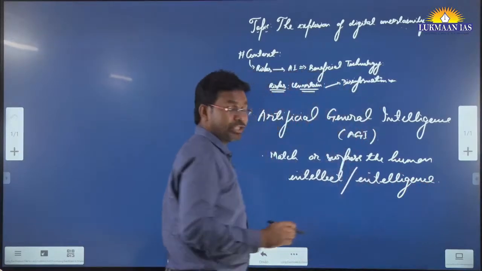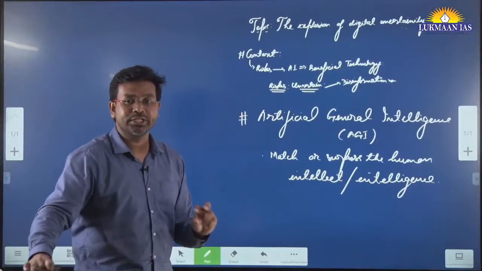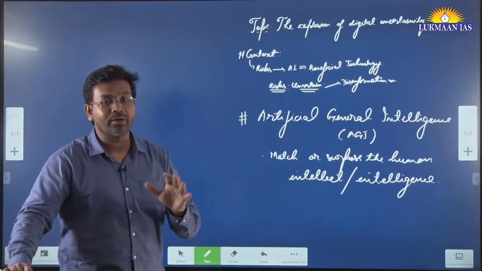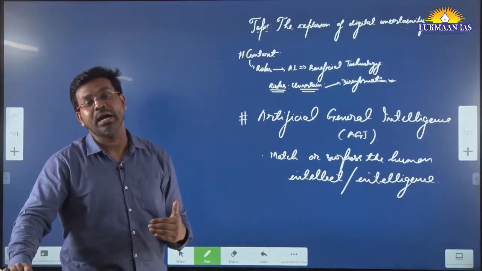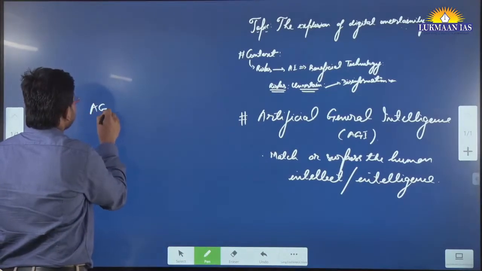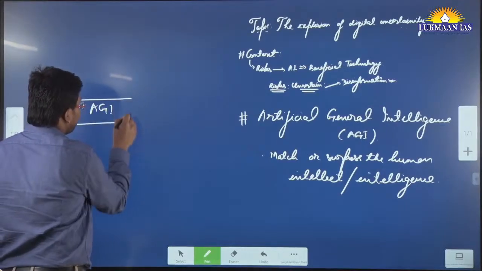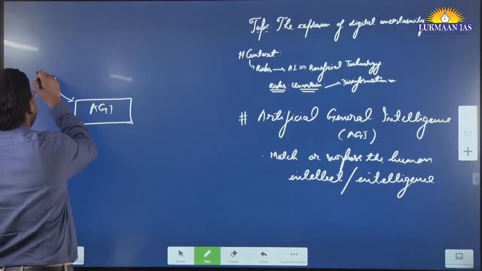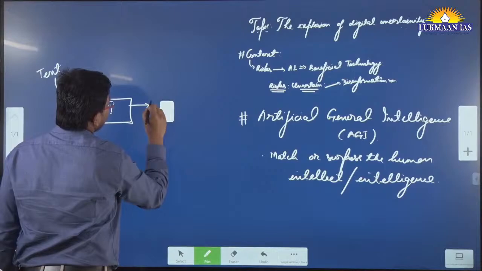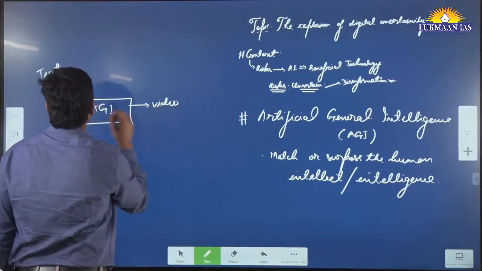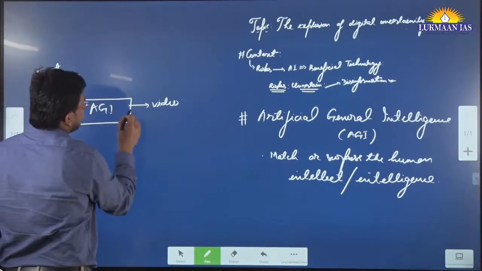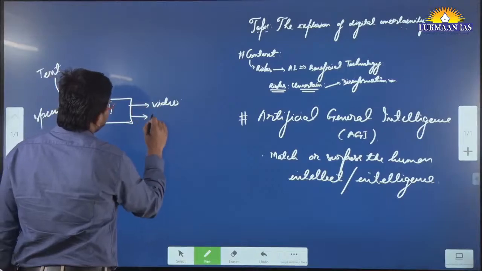So that is known as artificial general intelligence, and it will be a complex system that will be able to take data from different formats and give output in various formats. For example, in case of AGI, the input can be in the text format, and it can give the output in maybe video format. Or if we are giving the input in the speech format, it can convert that into maybe text format.